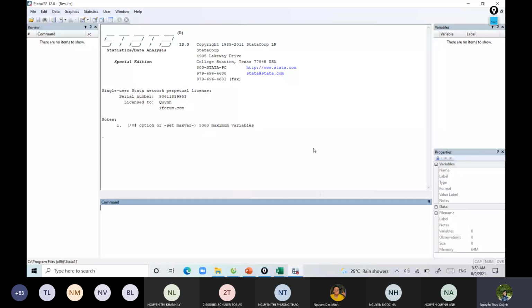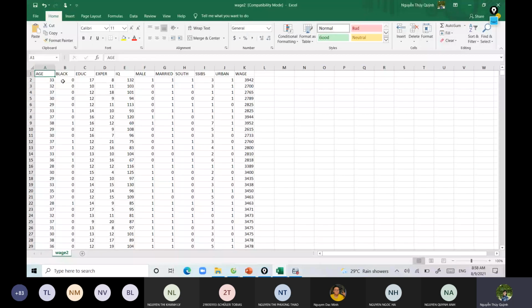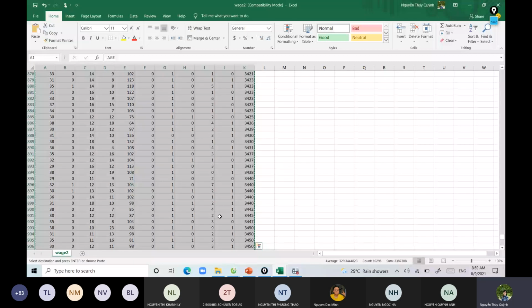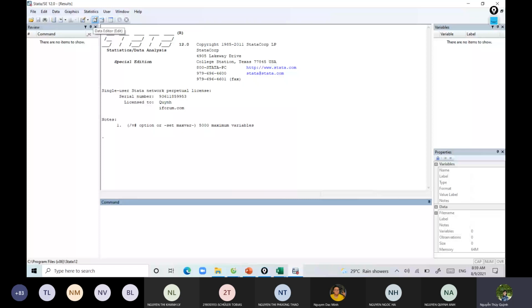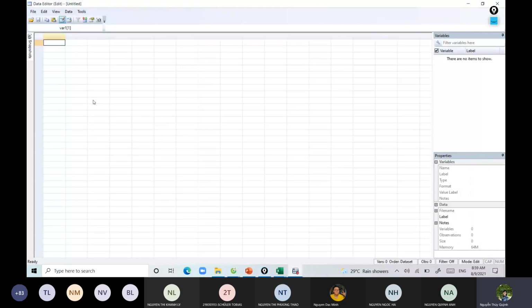You just have to copy the data from Excel and paste it. Do you see the data editor icon here? We click on that, and here you just paste the data that you have just copied.